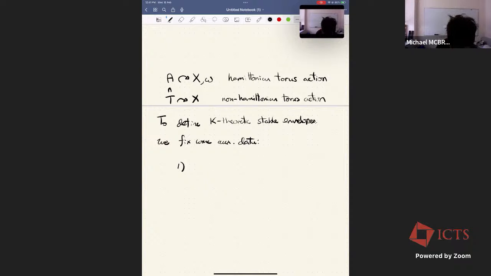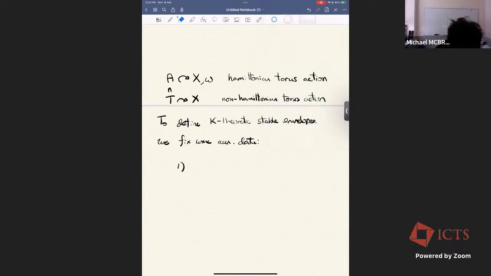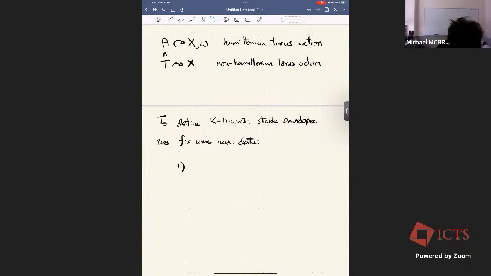Here you can make one more assumption on this bigger torus, which is that it's non-Hamiltonian, but it scales the symplectic form by a character.